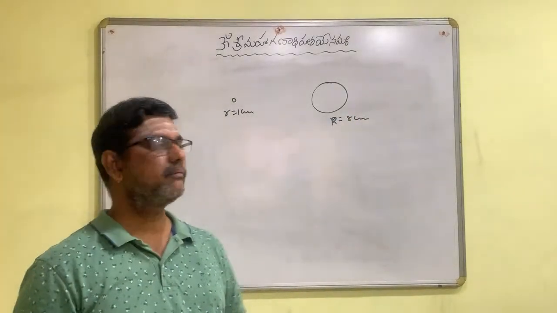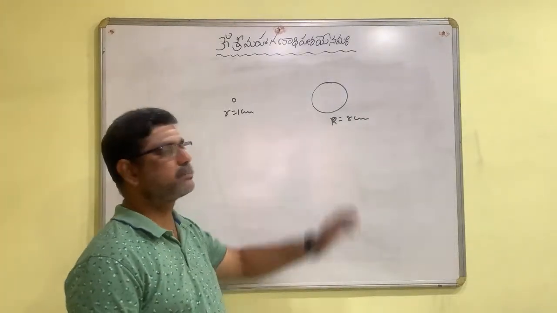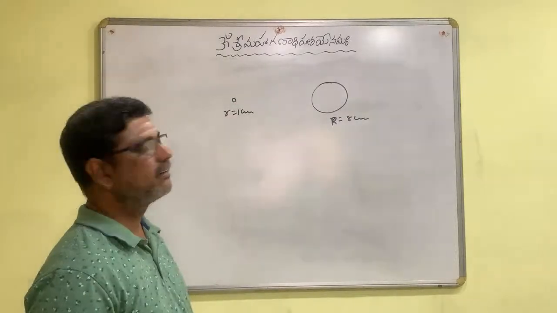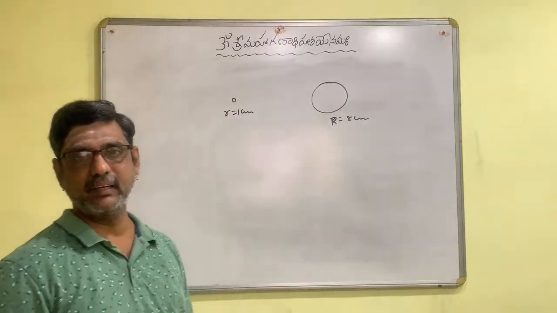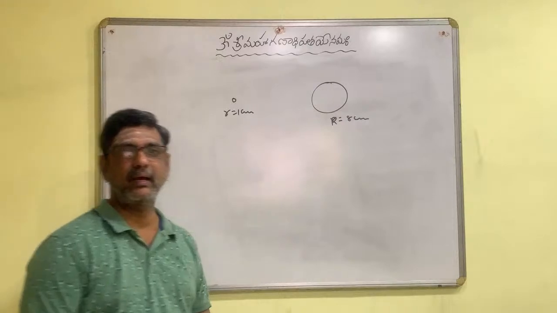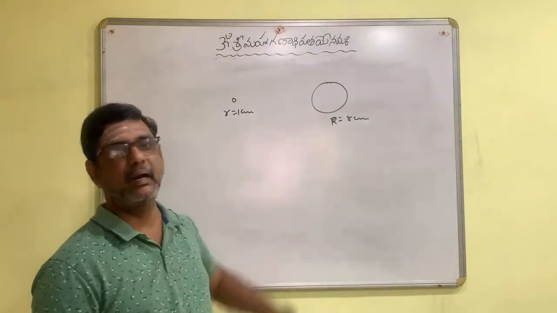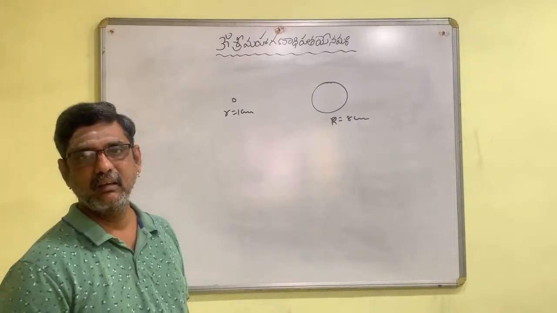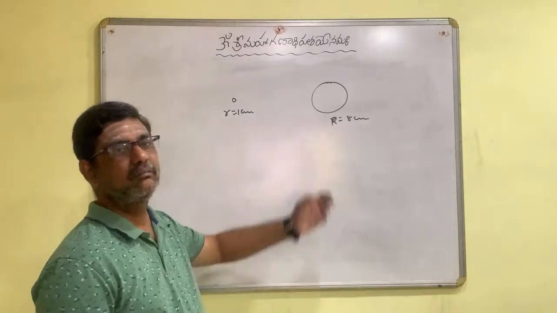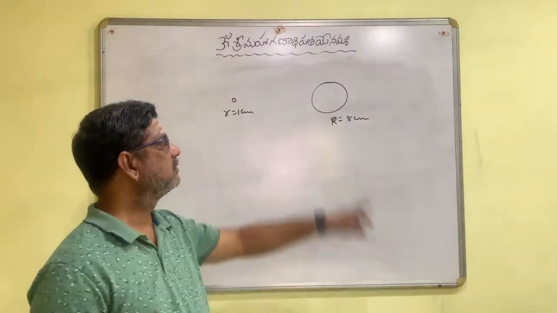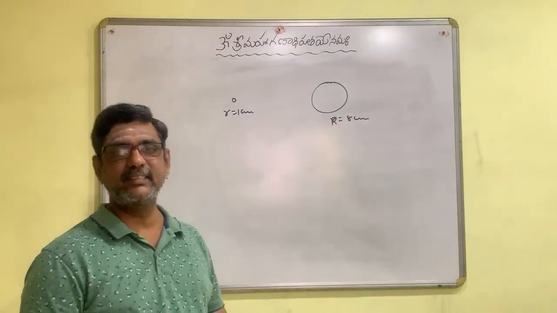What is being asked is, from this sphere, how many lead balls of radius 1 centimeter can we take? That means we need to melt the sphere and convert it into small spheres. The big sphere radius is 8 centimeters.